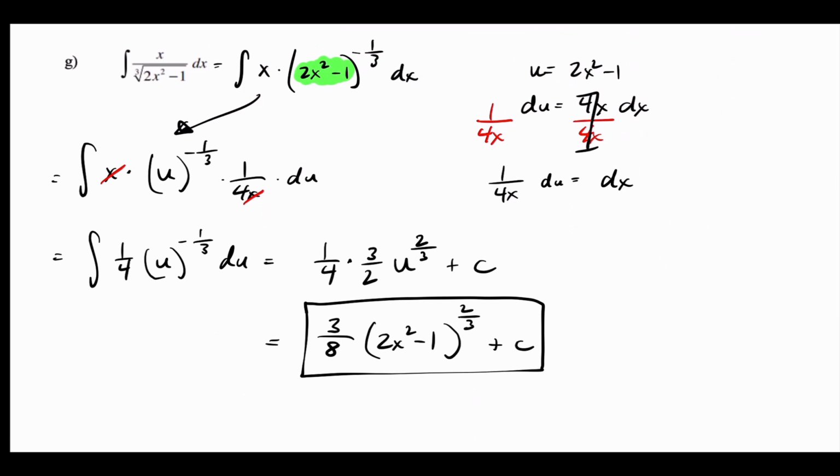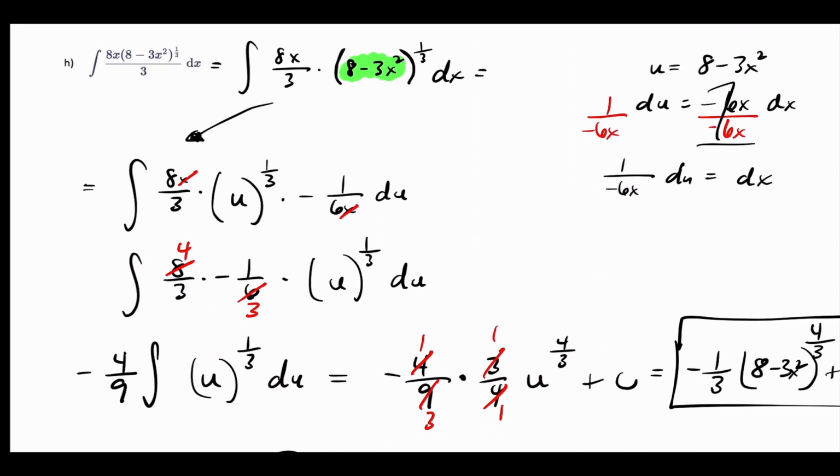Okay. Letter H, same thing. It doesn't have a root. That root's already done. Instead of third root, it's already 1/3 power, but you need to break it up. 8x over 3 times 8 minus 3x squared to the 1/3 power.